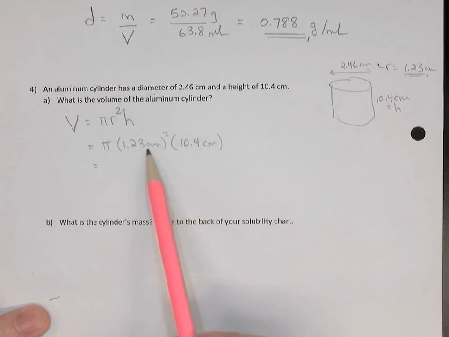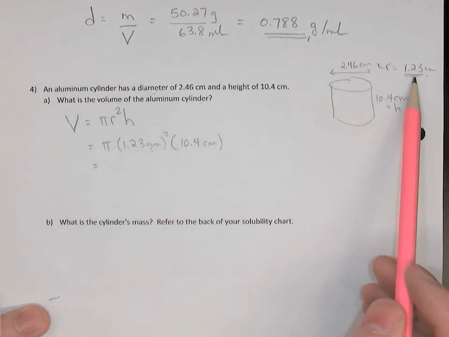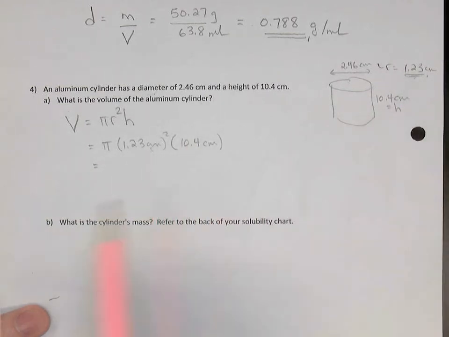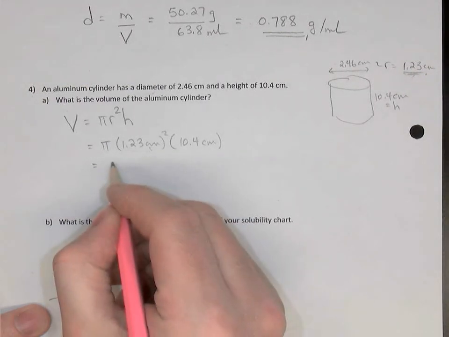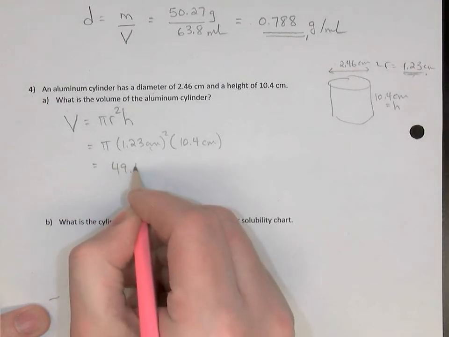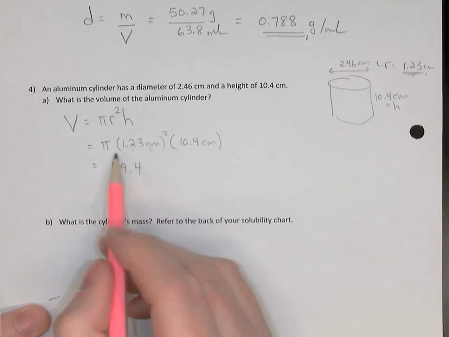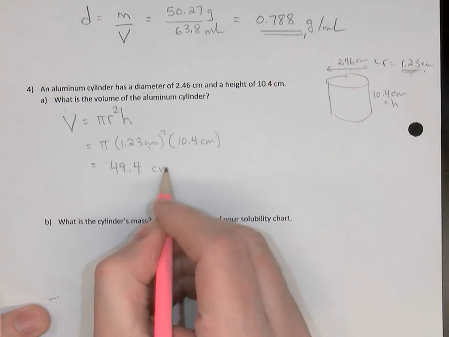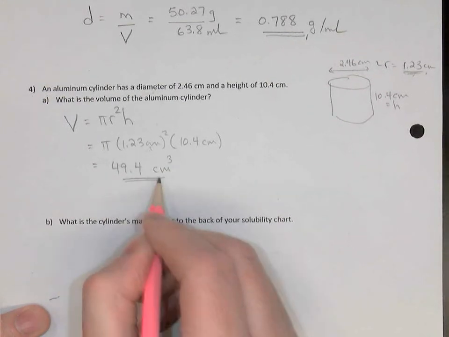That reminded me I'm going to need radius, so we converted right away to radius. So 3.14, or the pi button on your calculator, times 1.23 squared times 10.4. The volume is 49.4, keeping 3 significant digits, cubic centimeters.